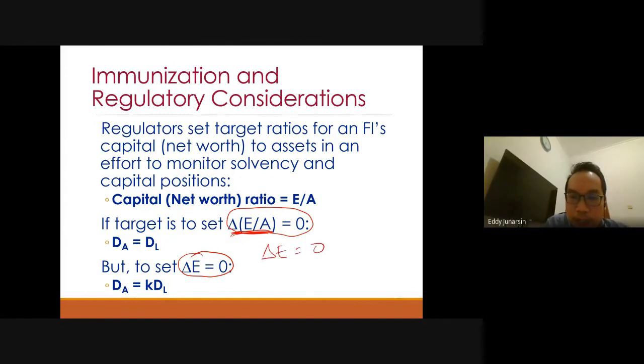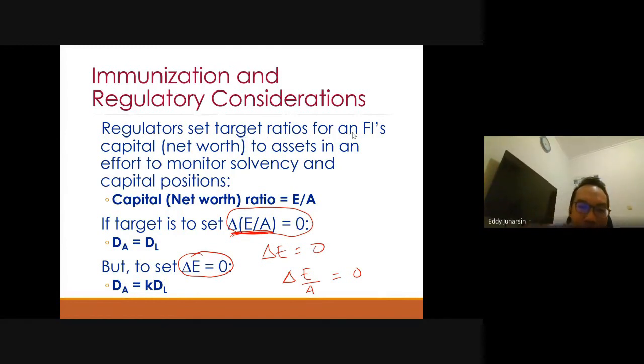For the regulator, they care more about the equity to asset ratio, which is known as the capital adequacy ratio that we are going to see in subsequent chapters. So roughly it's the equity to asset ratio. They care more about this.